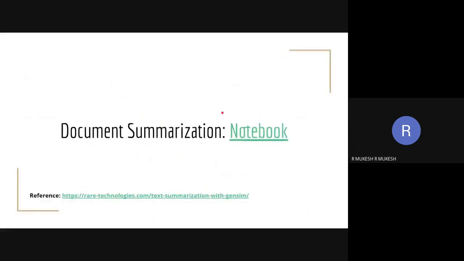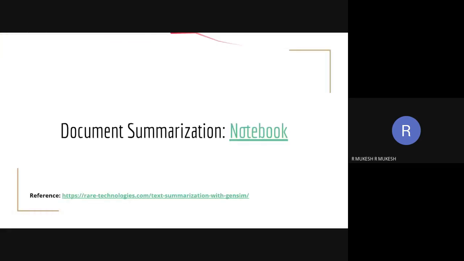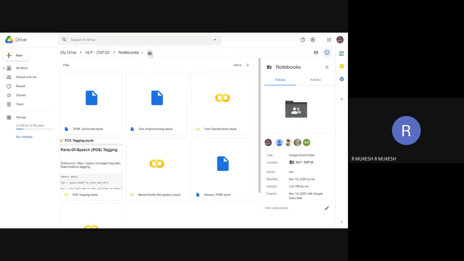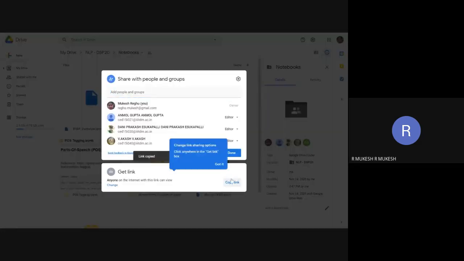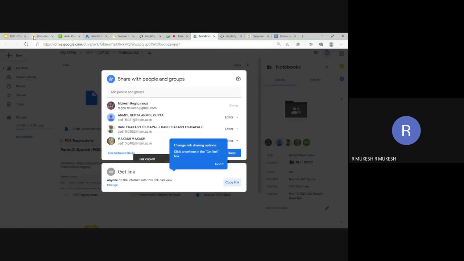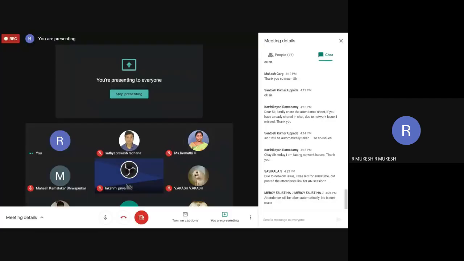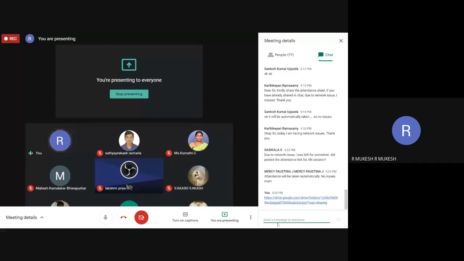So there is a notebook which I have, and it should be available in the drive link that I have shared. If not, I think Akash shared it a few moments ago, but I'll just share it in case you need it. Okay, so this is the drive link.